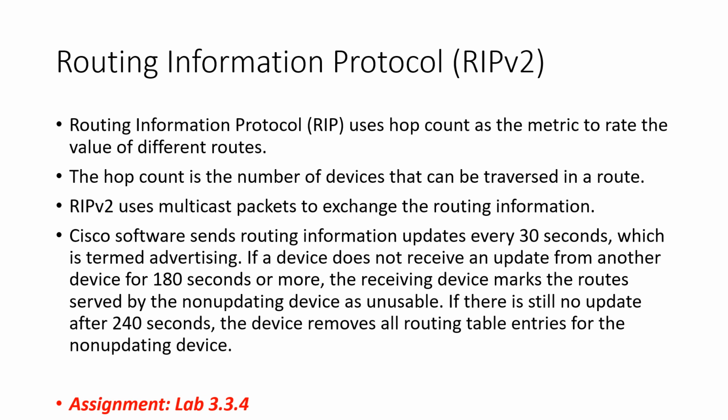If a device does not receive an update from another device for 180 seconds or more, the receiving device marks the routes served by the non-updating device as unusable. If there is still no update after 240 seconds, the device removes all routing table entries from the non-updating device.